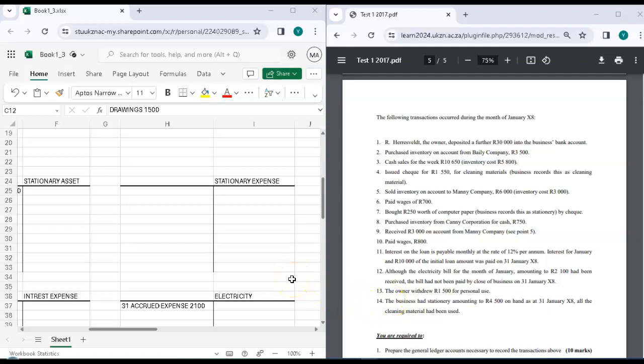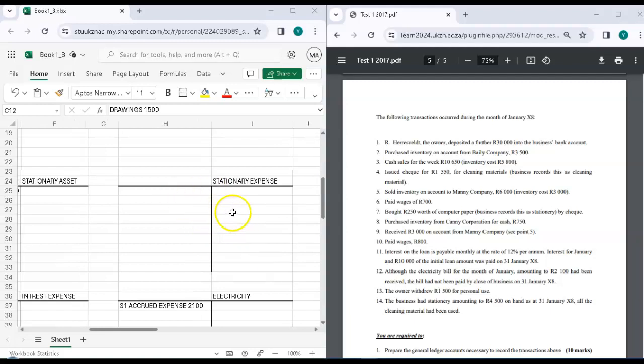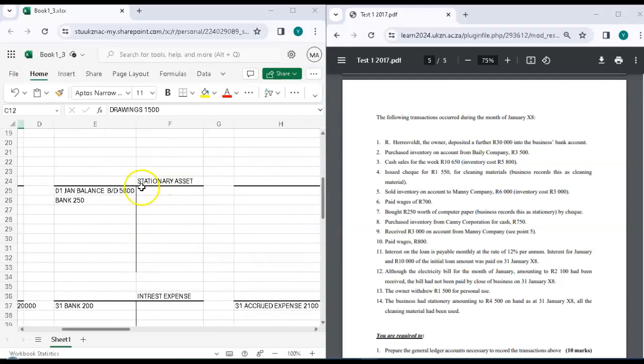I want you to listen to this transaction very carefully, the last one, number 14. The business stationery amounting to 4,500 was on hand. To record this, you need to know the stationery expense, what is used. This was on hand, not used. To get what you used, see the stationery asset, I want you to add these numbers together. That will give you 6,050, the total stationery asset you bought.